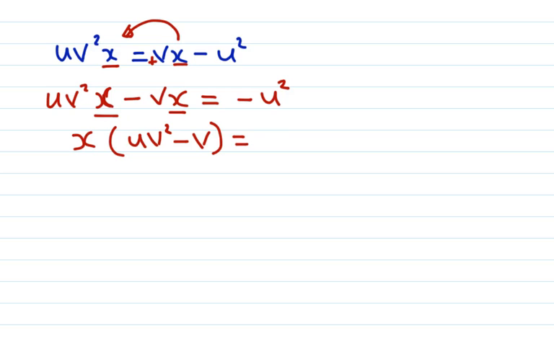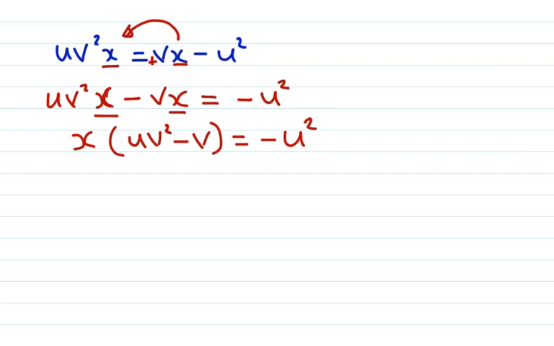And on the right hand side I've still got my minus u squared, very lonely over there. Now two x's have become one x. If you're worried about your factorization skills, I've got other videos on simple algebra and factorization, so you might want to go and have a look at those.